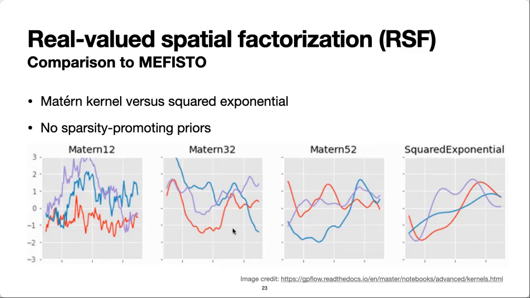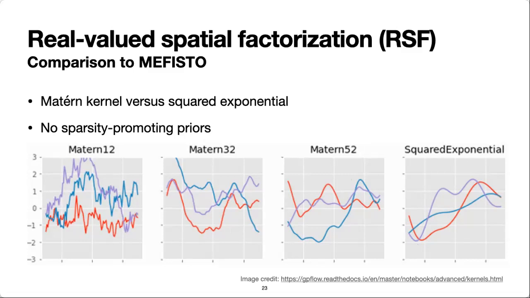We want to have some roughness because biologically, we believe that there could be sharp transitions in the gene expression profile between adjacent tissue layers. So we feel that the excessively smooth, infinitely differentiable squared exponential functions are too smooth, and they won't handle these sharp boundaries very well. I'll show some evidence that that is empirically the case.